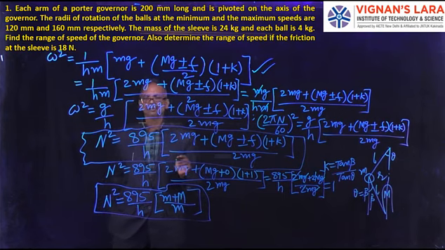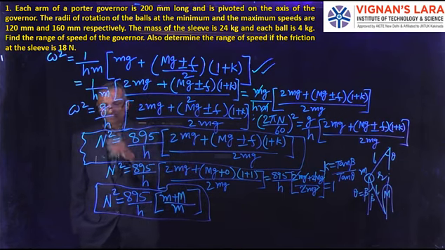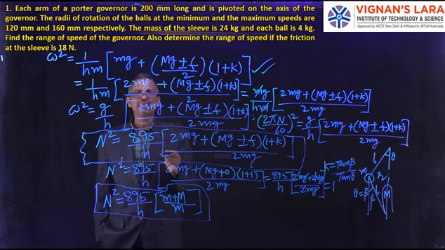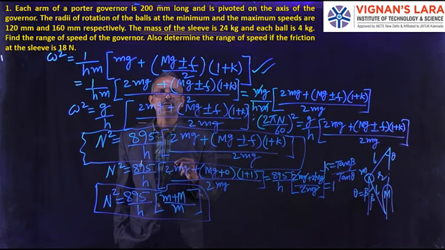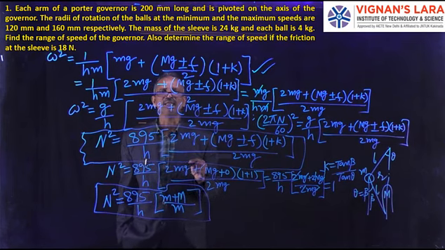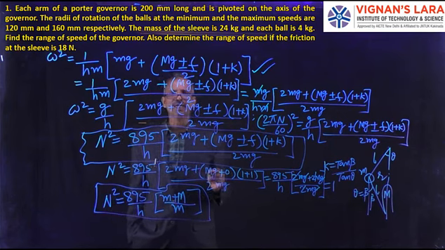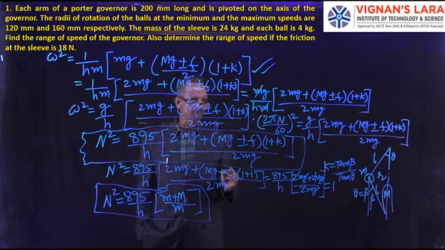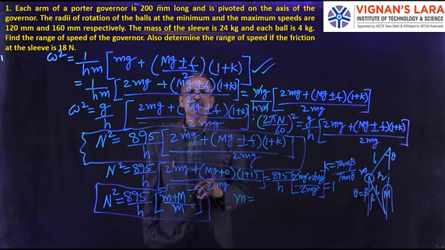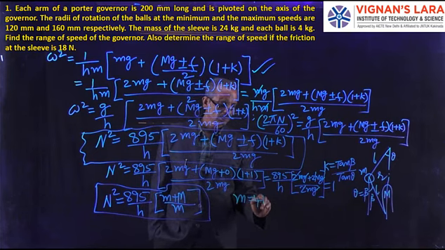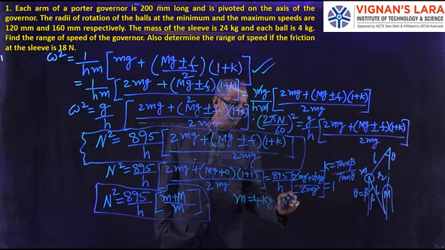Here we were given two radii of rotation. What are the two radii of rotation? One is of course 120, another one is 160. So let me write the basic data given: small m and capital M. Small m is equal to 4 kg, and capital M is equal to 24 kg.